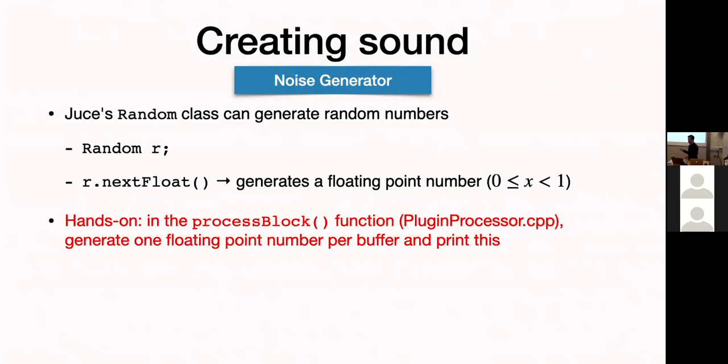And you can print using this DBG debug macro, and then you put your random value between its brackets, and then you can print it to your console. Okay? So maybe try that. And in the meantime, I'll try and help the UIO people.